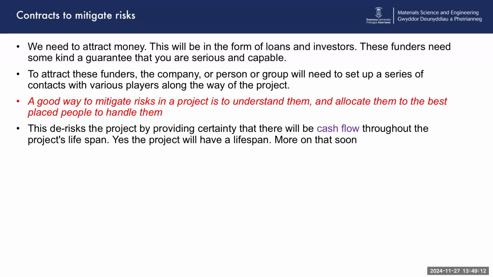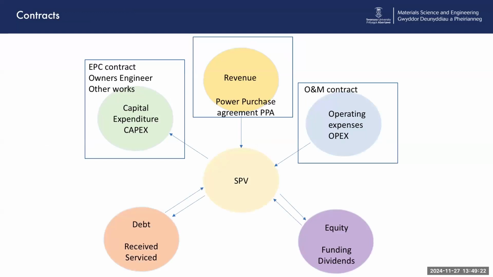And to do this, and to de-risk the project, we set up a series of contracts with people who understand the risks the best. So back to this diagram. The SPV, special purpose vehicle, wants to build this asset. They don't know how to build it.